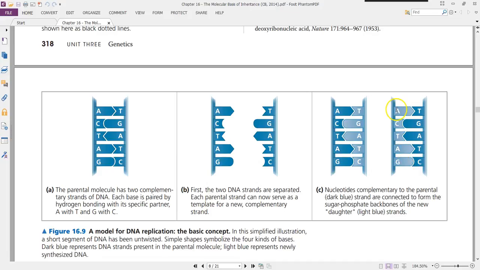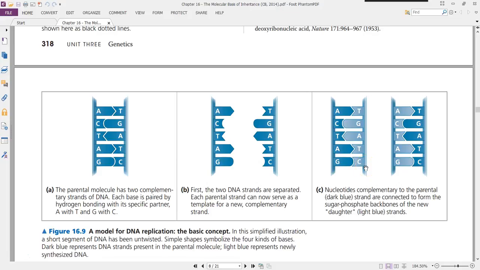And so eventually this ends up with two daughter DNA molecules, and each of those daughter DNA molecules contains one parental strand of DNA and one daughter strand of DNA, one new strand of DNA. And we call that the semi-conservative model of replication.